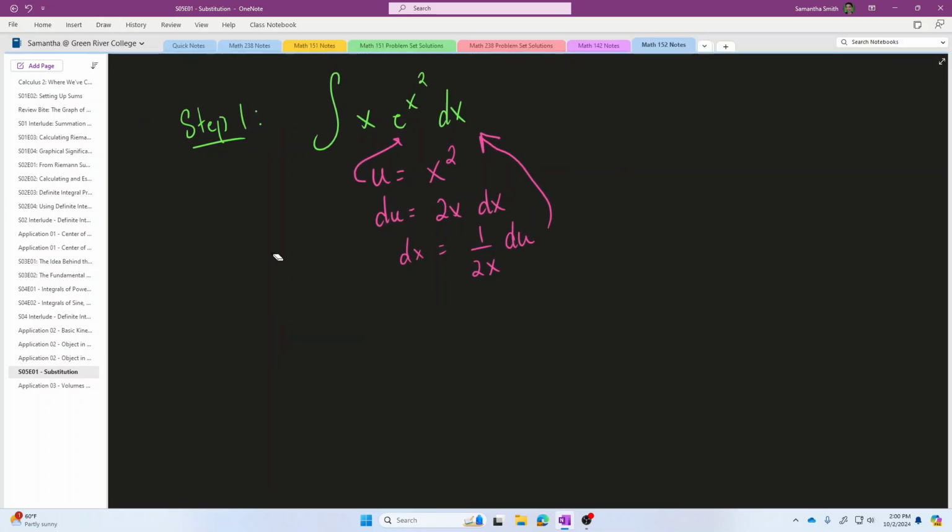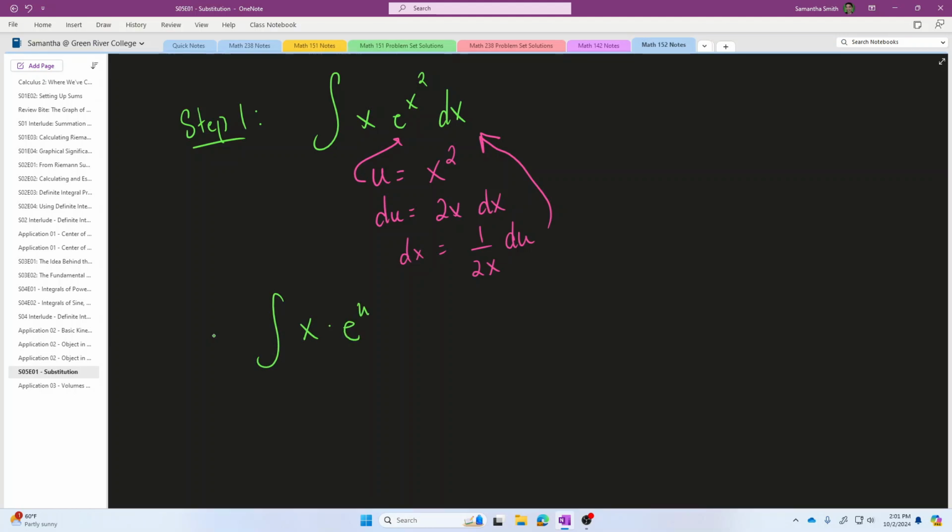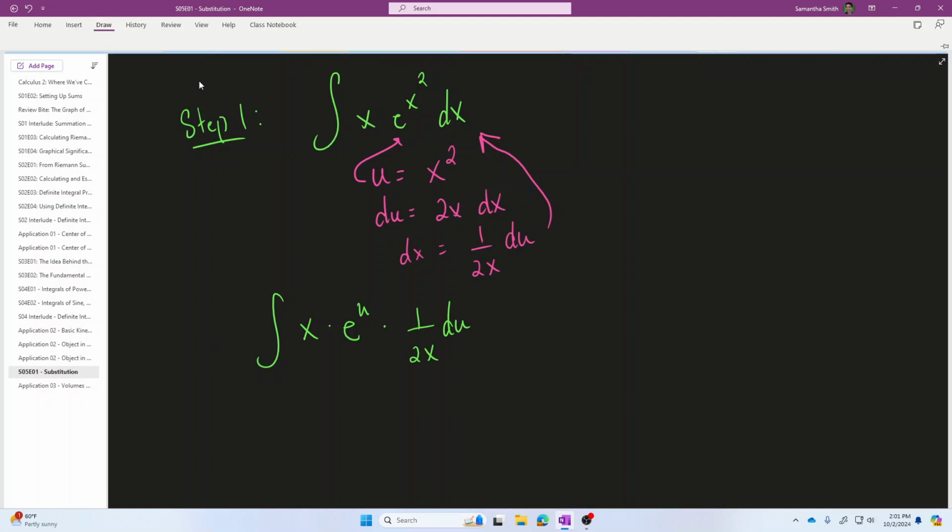So I have the integral of e to the x squared, which is equivalent to e to the power u, and the dx in the back is equivalent to 1 over 2x du. Aha!